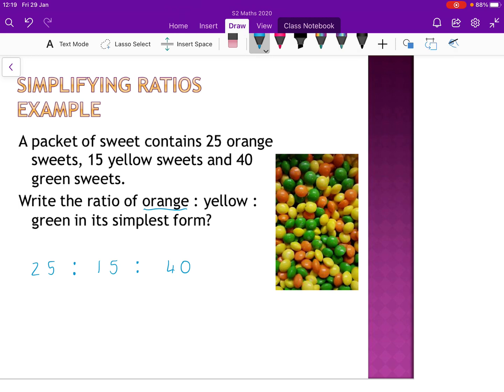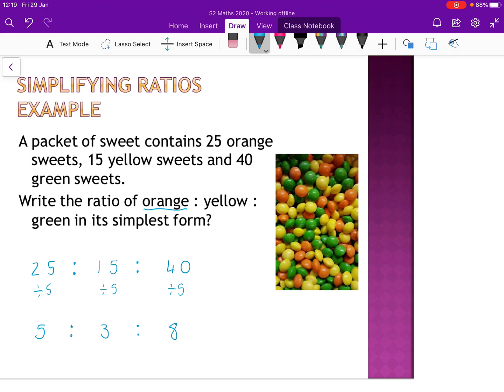So they end in 5, 5 and 0. So what does that mean we can divide all of them by? It would be 5. So 25 divided by 5, all 5 5s are 25, 5 3s are 15, and 5 8s are 40.